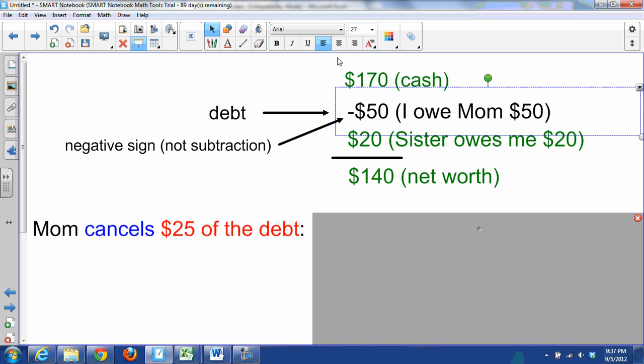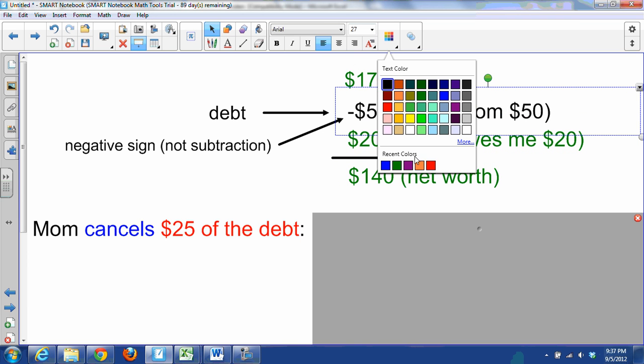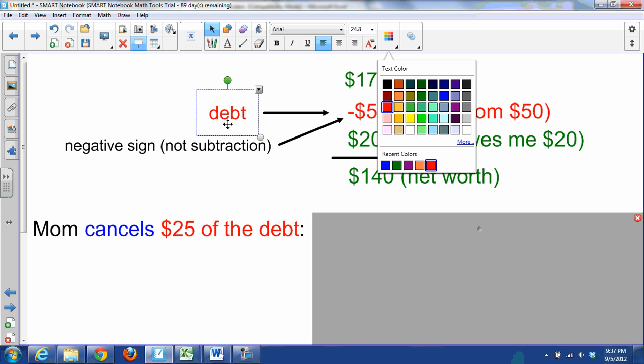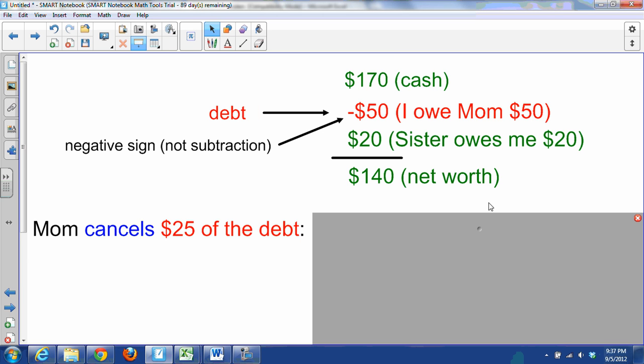And I'm going to color that debt red. So positive green means your money. Red means, a lot of times you'll hear the expression "in the red." That means debt, or you owe more. If you're in the red, that means you owe more than you have on hand.